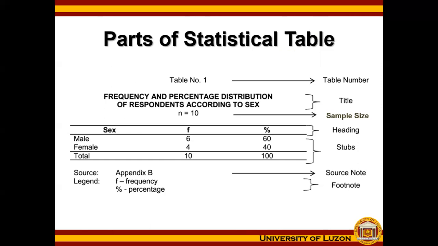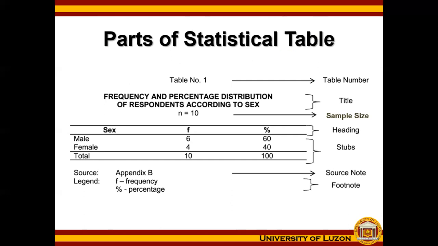Also part of a statistical table, especially when dealing with population and sample, is the indication of the sample or the population size below the title. I'd like you to remember, however, that whenever you are dealing with sample size, you will have it represented by a small letter n, or lowercase n. So that's for sample size, lowercase n.